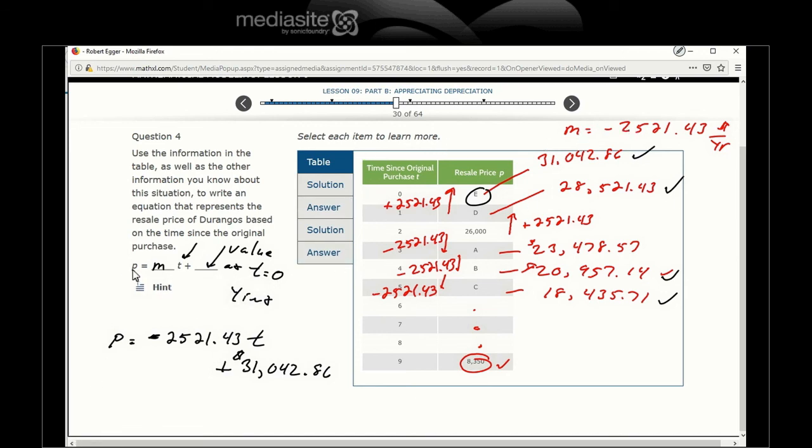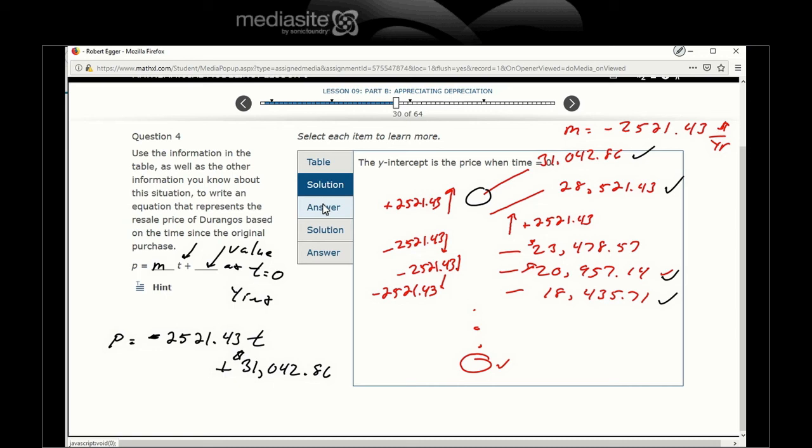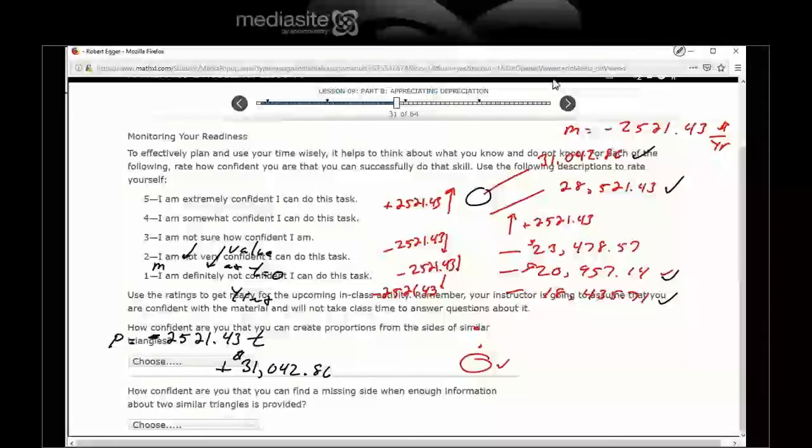The slope as a factor of time has to be added to or subtracted from something initially, and that would be when t equals 0. Slightly confused. All right.